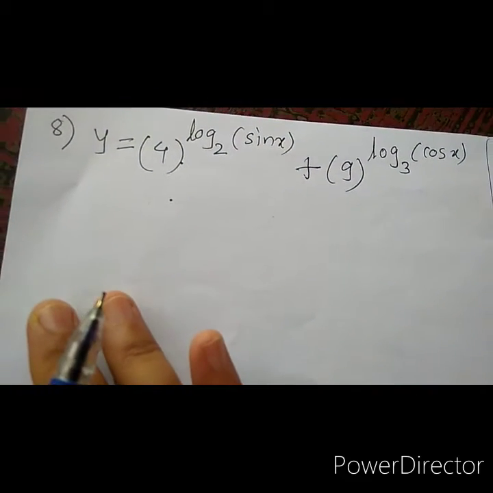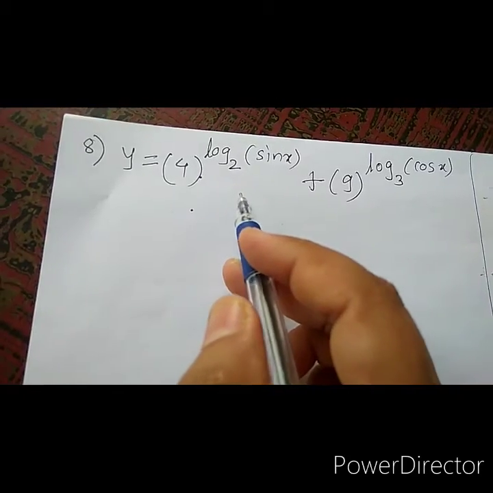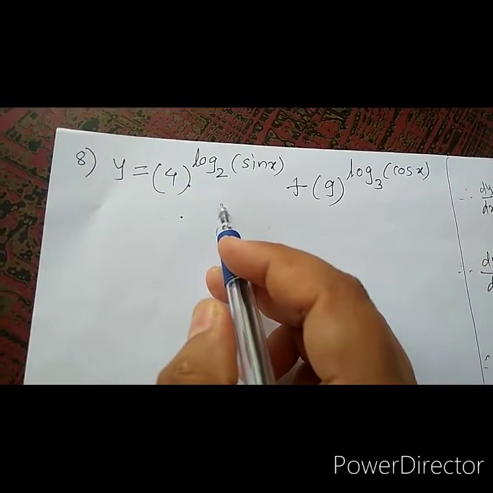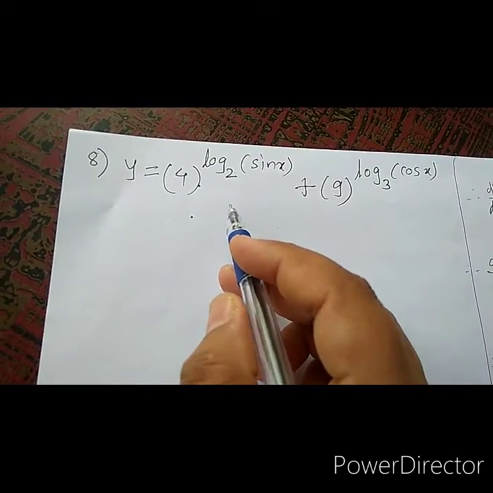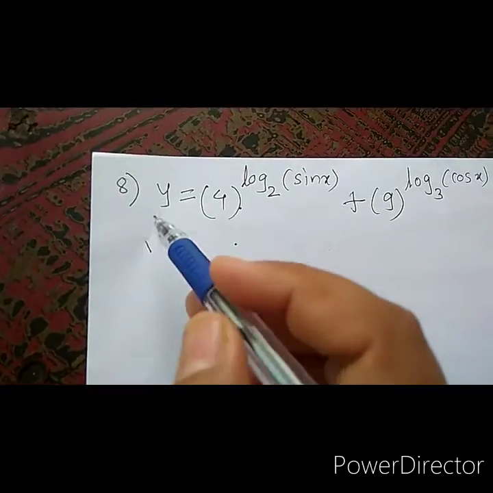Y is equal to 4 raised to log of sin x to the base 2 plus 9 raised to log of cos x to the base 3. I repeat the example.